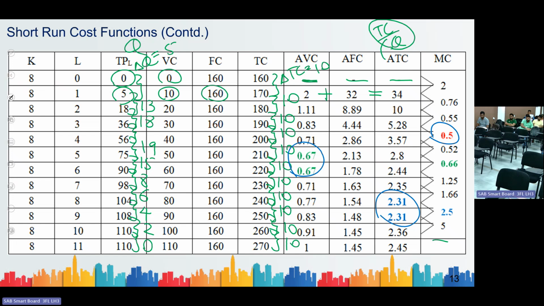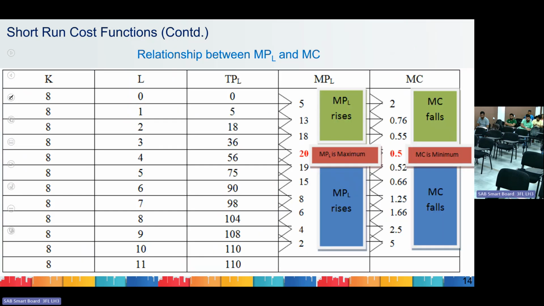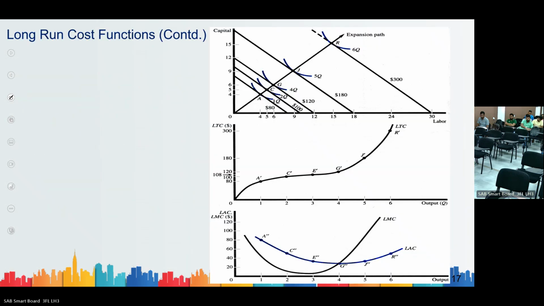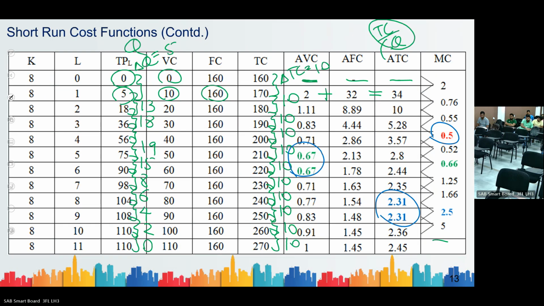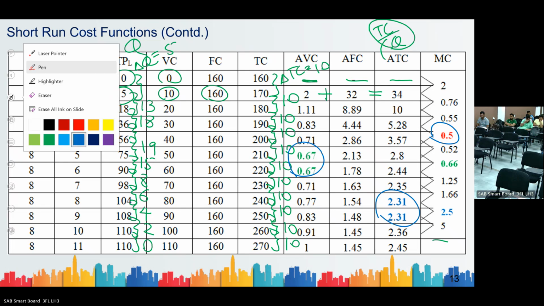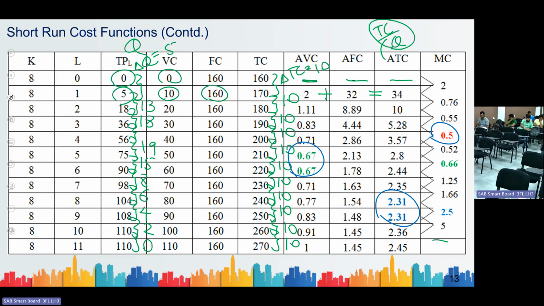And another important point we observed is this is where MC and ABC are equal.